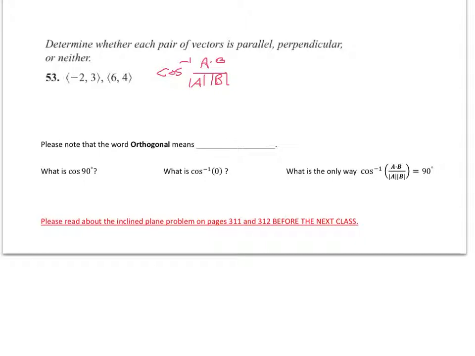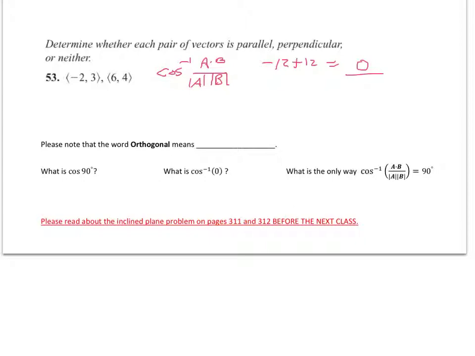Okay? All right, so what's our dot product? Okay, our dot product is negative 12 plus 12, so our dot product is 0. Now it really doesn't matter what their magnitudes are, right? Because it's going to be 0. So what's the arc cosine of 0?